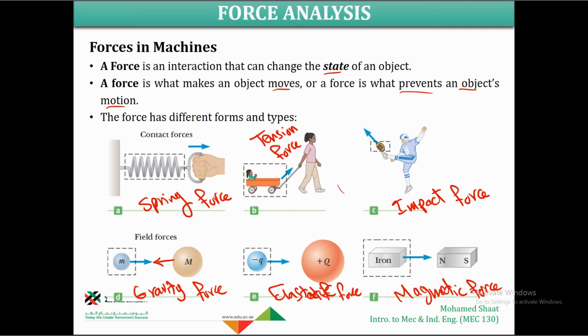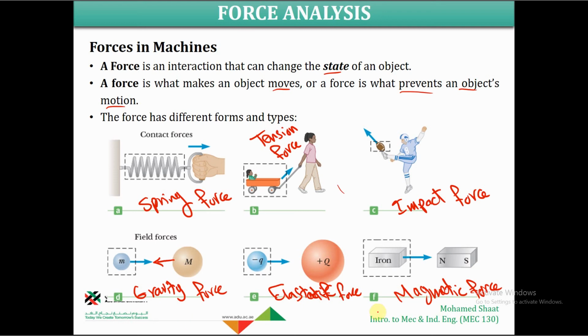But in general, the objective here is just to know that we do have so many different forms and more than these types and forms of forces. We do have forces which can be considered as mechanical forces, like the impact force, tension force, spring force, even the gravity force. It is just a force. We can deal with it as mechanical engineers, but it is commonly known as field force, which is used more in physics classes, like the electrostatic force and the magnetic forces.